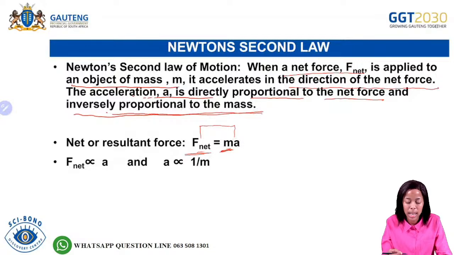As you increase the F net, the acceleration will also increase. And the acceleration a is directly proportional to the net force but inversely proportional to the mass of the object.